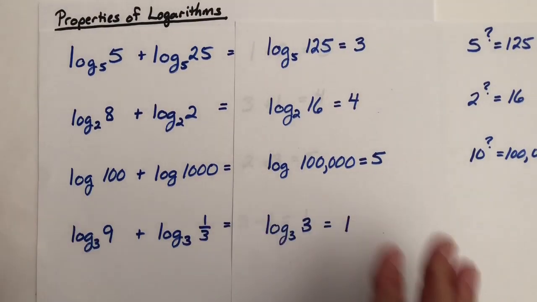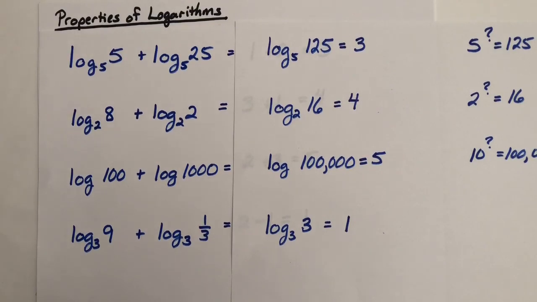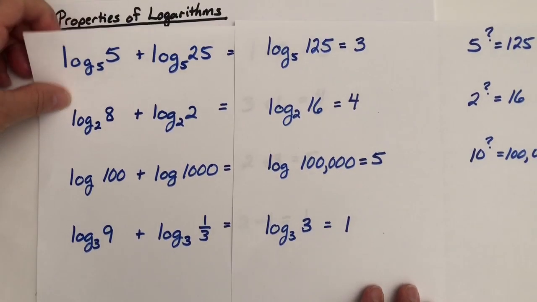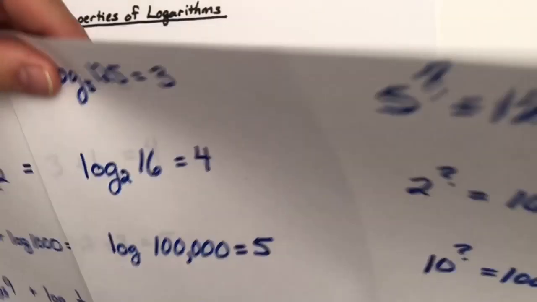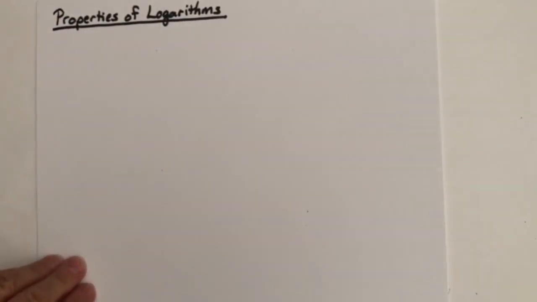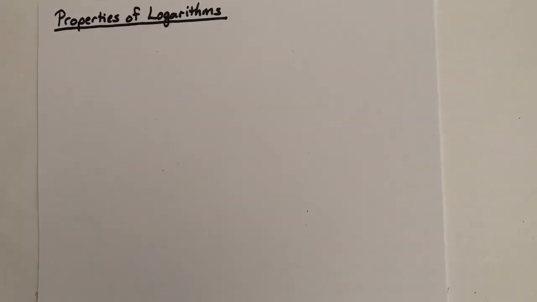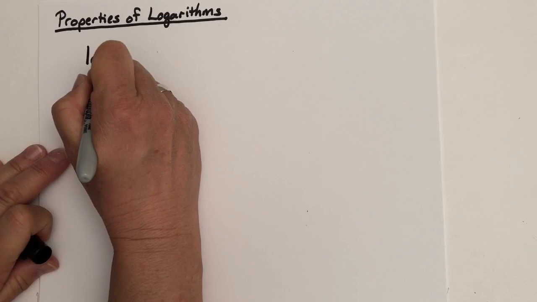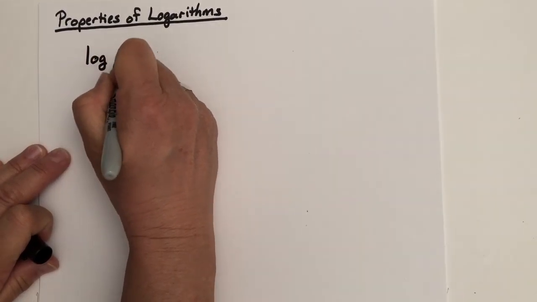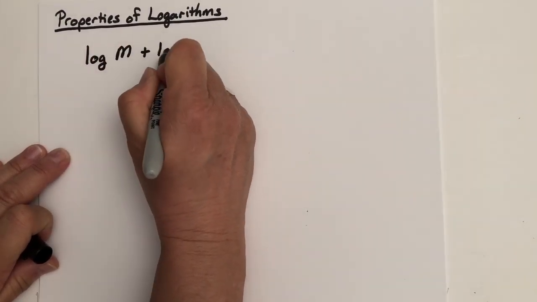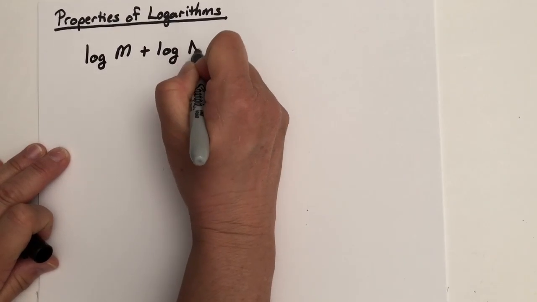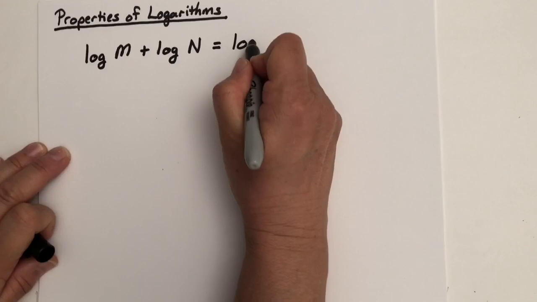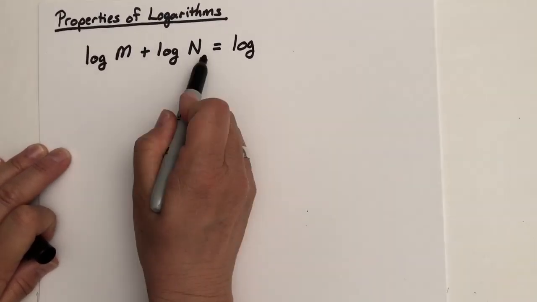Now, this doesn't prove anything, but it does strongly suggest this property of logarithms, that if you have the sum of two logs, the log of m plus the log of n, it would equal the log of their product.